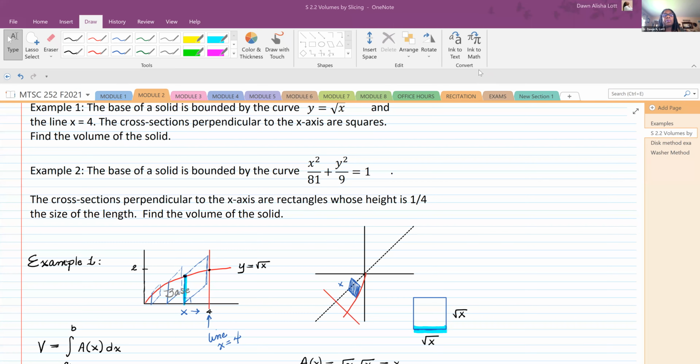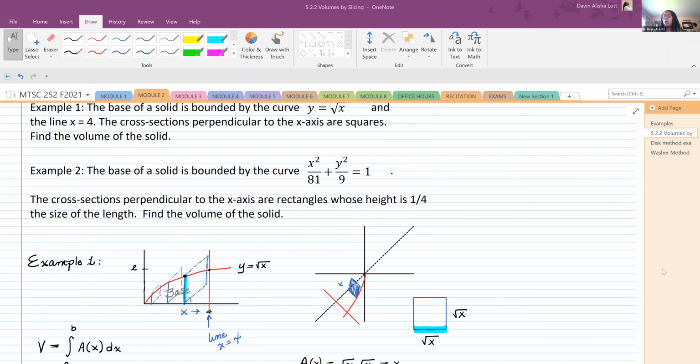Okay, let's look at this one. The cross sections perpendicular to the x-axis are rectangles whose height is 1/4 the size of the length. Find the volume of the solid.